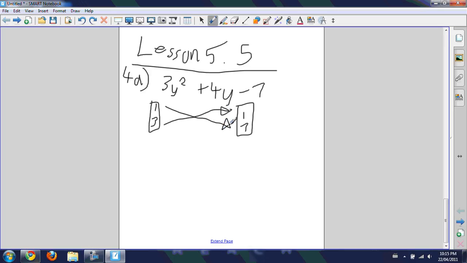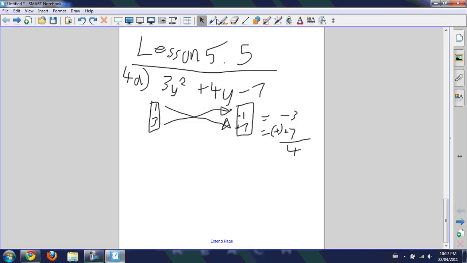Do it like that, and to make this positive, make this a -1. So it'll be minus 3 plus positive 7, which would equal 4.